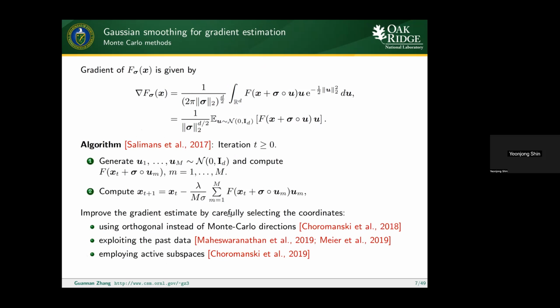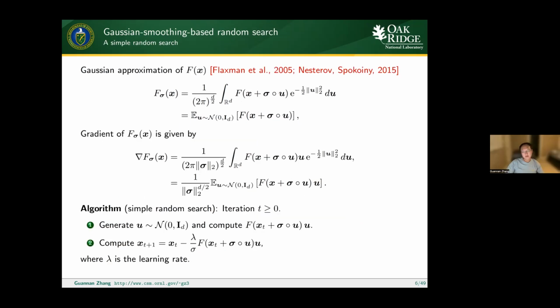Here is a quick question. What does the sigma represent here? Sigma represents the smoothing radius. It controls the variance. It was supposed to be in the Gaussian kernel, but we just want to do some normalization, so we pulled it out. You can view it as the smoothing radius.